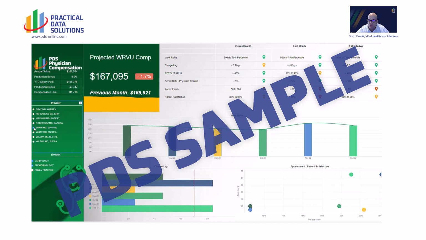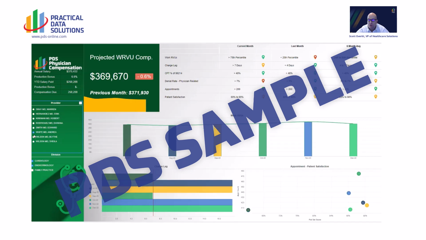But I think it's important to go beyond just showing here are your RVUs and here's your projected compensation. Help the providers understand that there are ways that they can work more efficiently and better moving forward that would help to increase their compensation. So they can look at some of these things that correlate and work to bring performance up in those areas, which is really going to help benefit them as well.